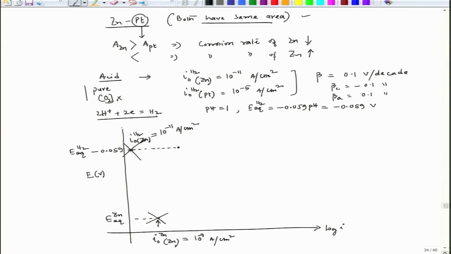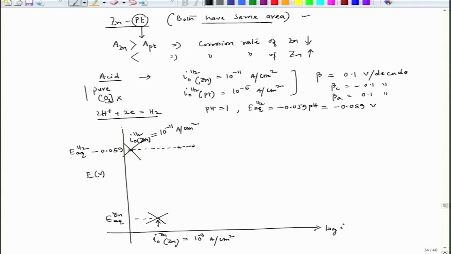So, now it is hydrogen evolution reaction on platinum surface. So, this point, or I can draw further right, we have to maintain that log scale ratios.